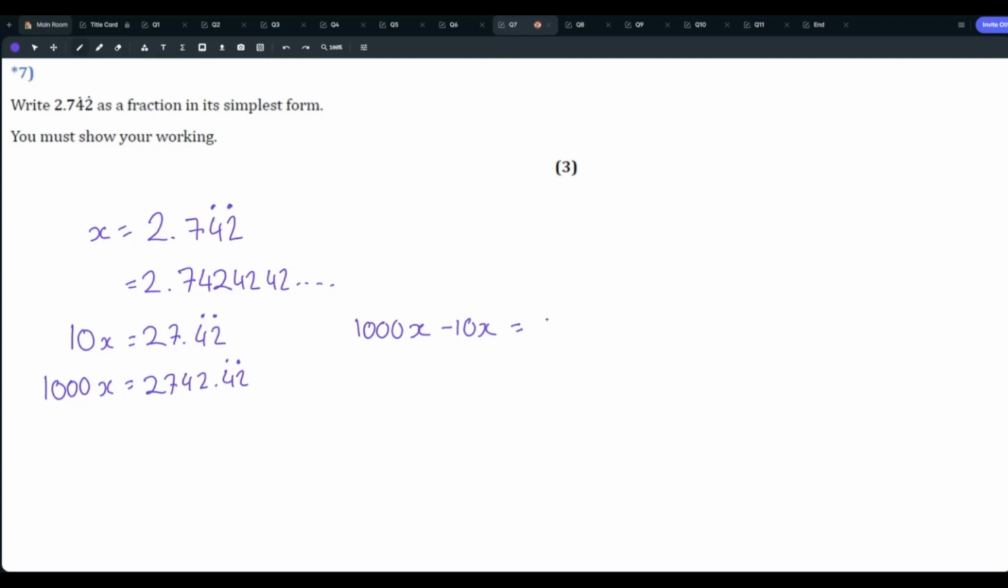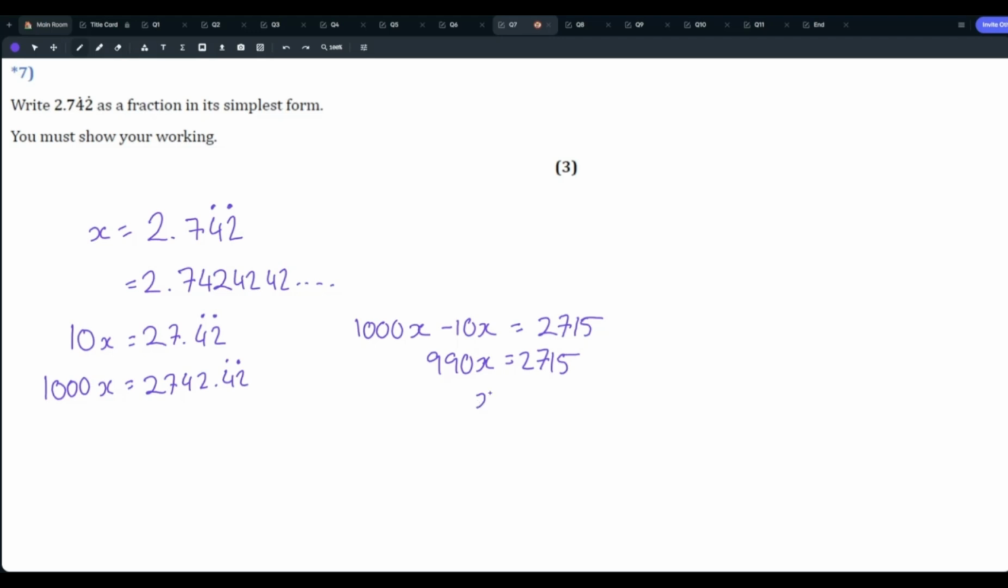So this would be 2742, take away 27, which is 2715, and this is 990x equals 2715.